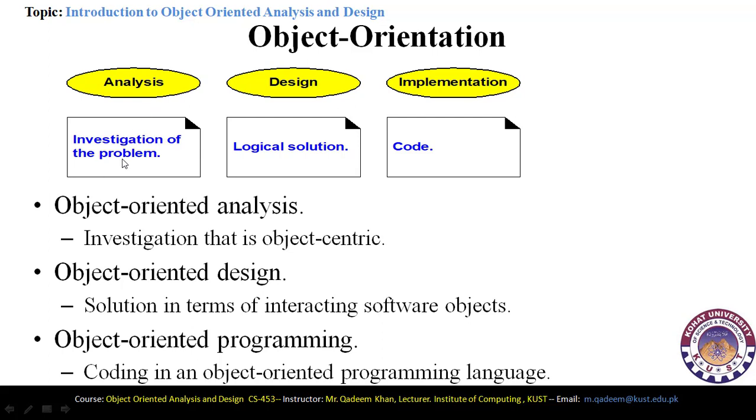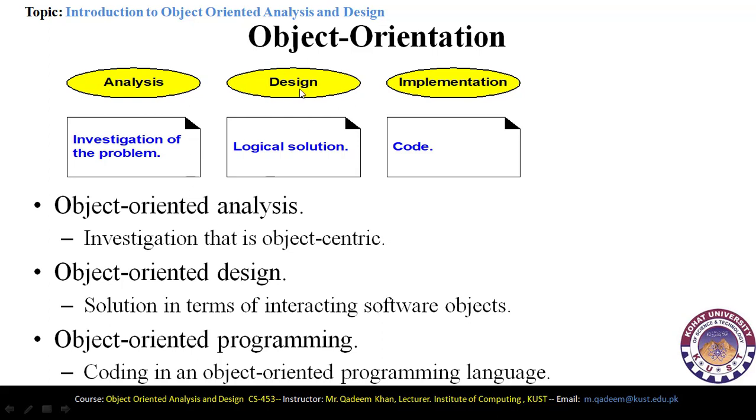The problem here means the user problem. So the first step in object-oriented analysis is to investigate what the problem is. The problem is the user problem which the user wants to solve through the software.